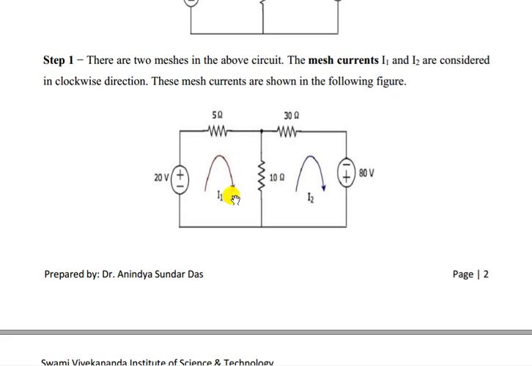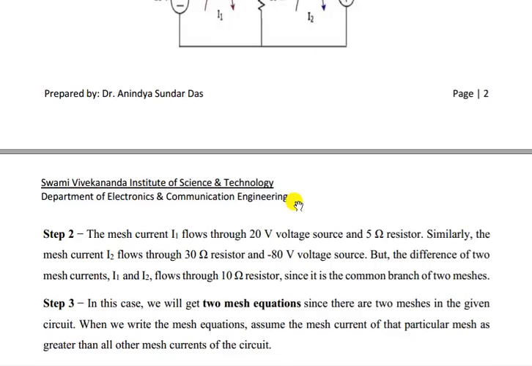After assigning the mesh currents, we have to write KVL for each mesh. We have two meshes, mesh 1 and mesh 2, with mesh currents I1 and I2. So you write KVL along the mesh 1 loop, and then the KVL equation along loop 2, or mesh 2.